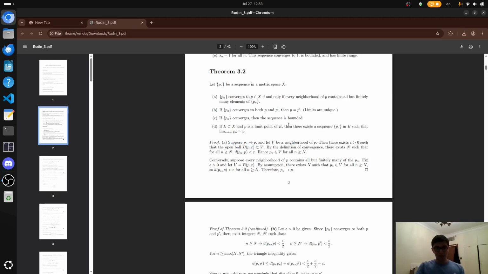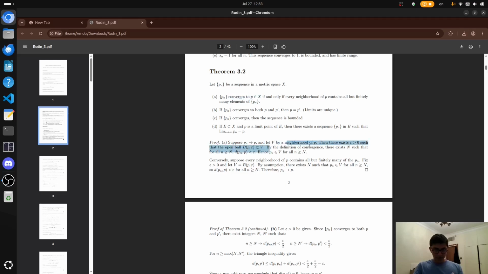Suppose Pn goes to P and let V be a neighborhood of P. Then there exists epsilon greater than 0 such that the open ball B(P, epsilon) is in V. Because Pn converges to P, right?